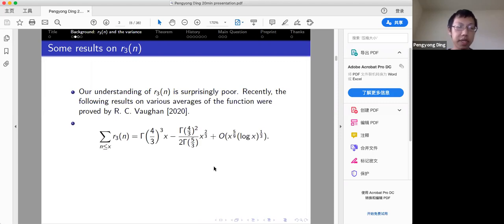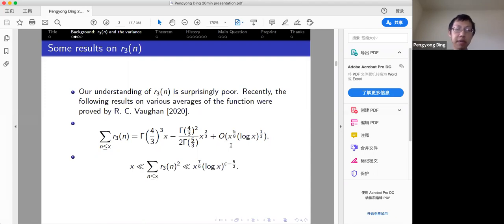One of the results is that the sum of R3 of n, where n is less than or equal to x, equals gamma of 4 over 3 cubed times x minus a constant times x to the 2/3 plus an error term of x to the 5/9 times log x to the 1/3.